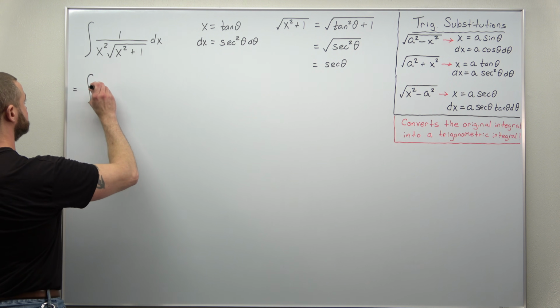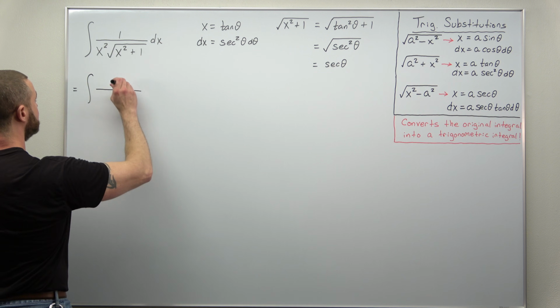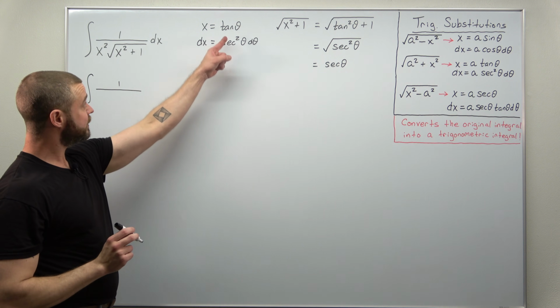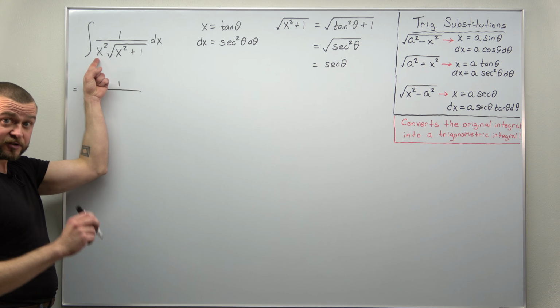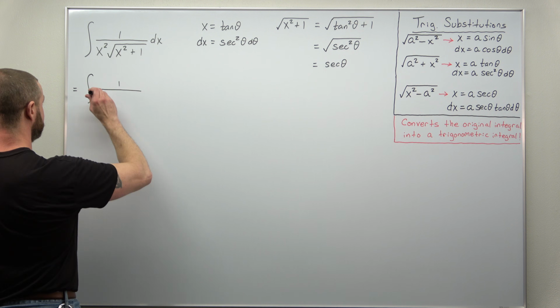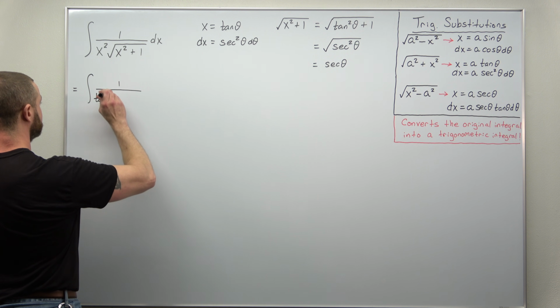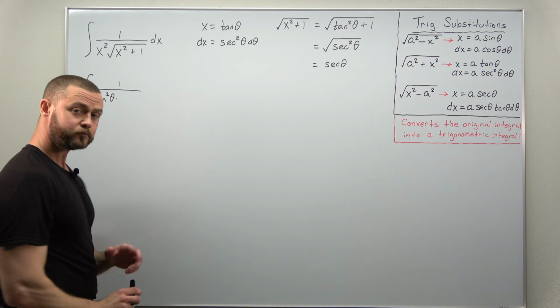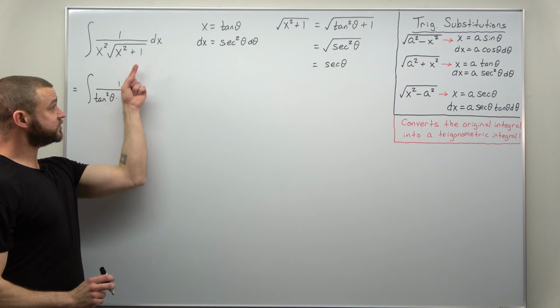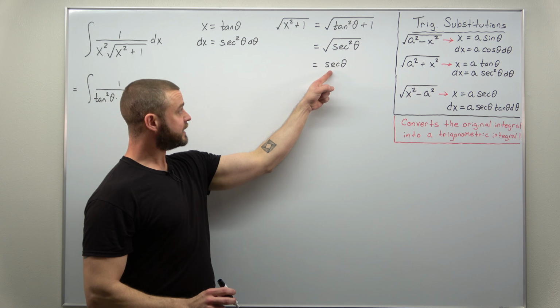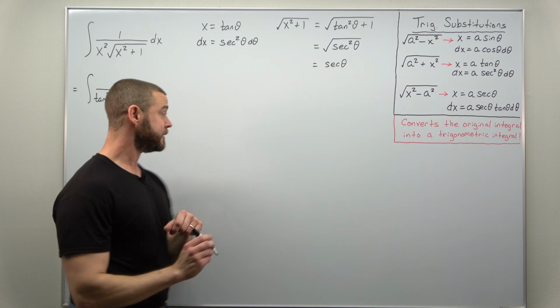We get the integral of 1. X is being replaced with tangent theta, so we get tangent squared theta in the denominator. The square root, we just simplified that, and we saw that that reduces down to just secant of theta.